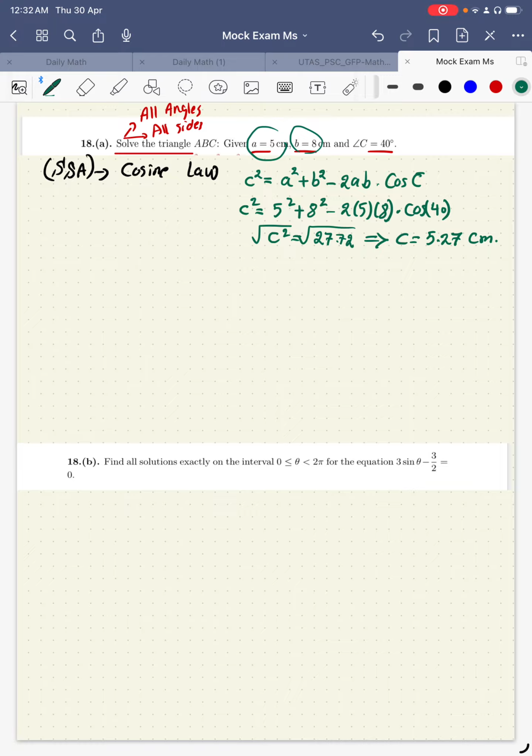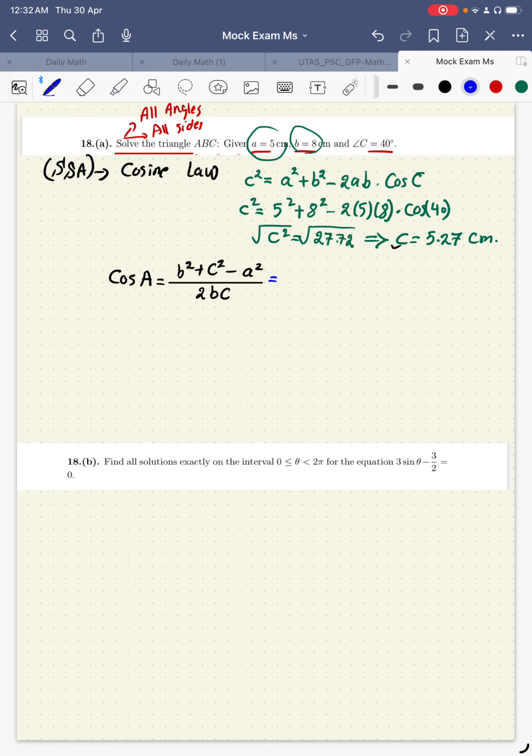Now, remember they asked me to solve the triangle, which means that I have c and now I have all sides, but I also need to find all angles. So I have another form of the cosine law, which is cosine of capital A equals b squared plus c squared minus a squared, divided by 2bc.